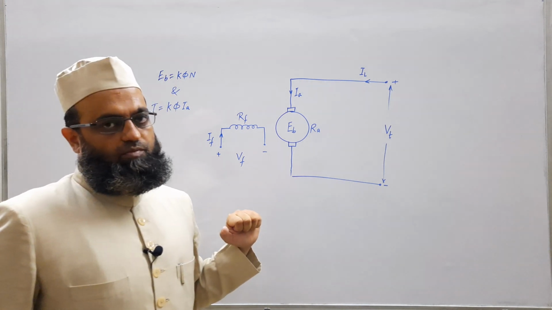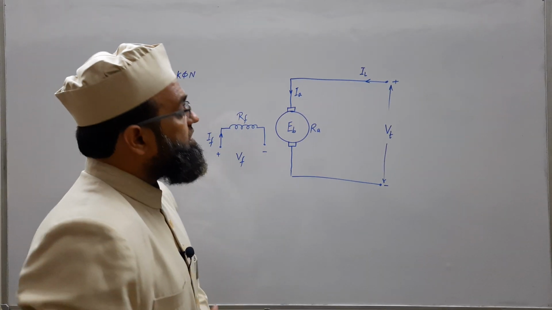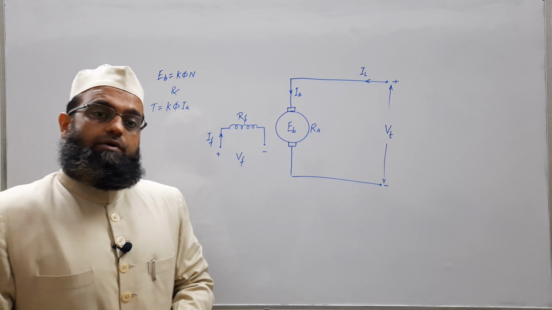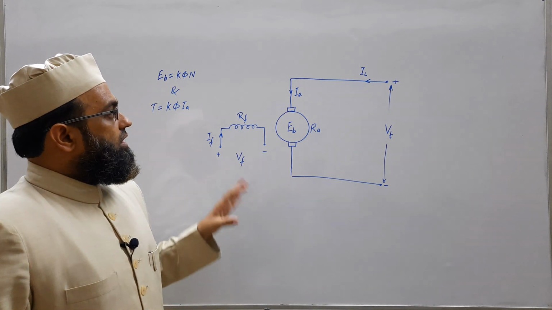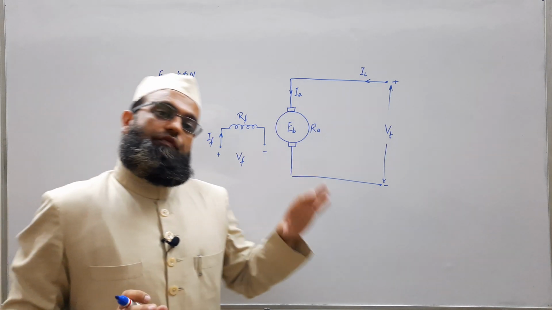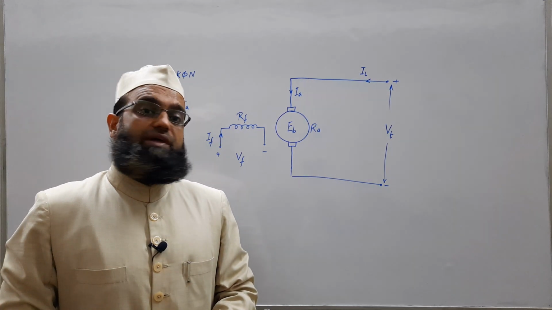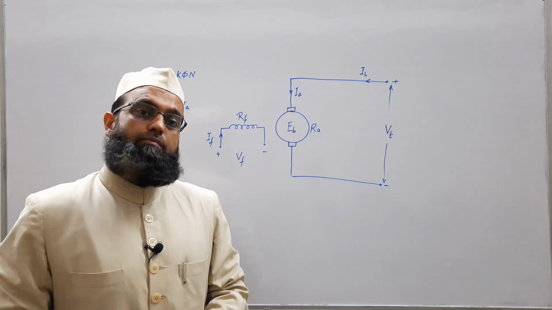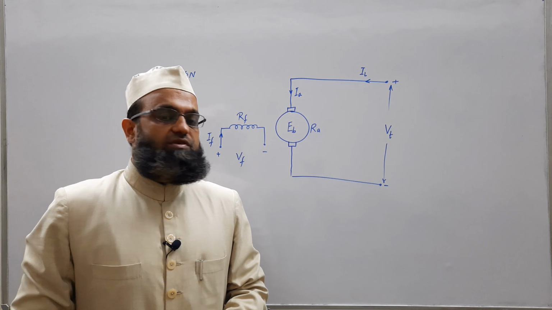Second thing, as discussed in case of DC shunt motor, if the effect of armature reaction has not been mentioned in the statement of the problem, it means by default that effect has not to be considered.